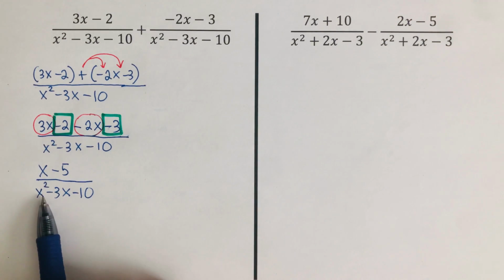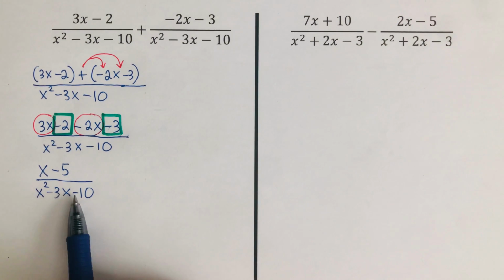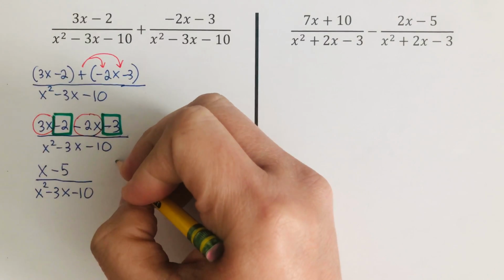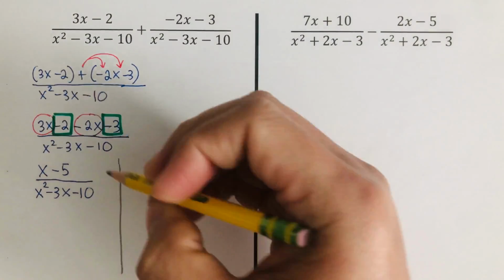Now, notice that this x squared minus 3x minus 10 can be factored using the box and diamond. So I'm going to show the box and diamond for the denominator right here on the side.